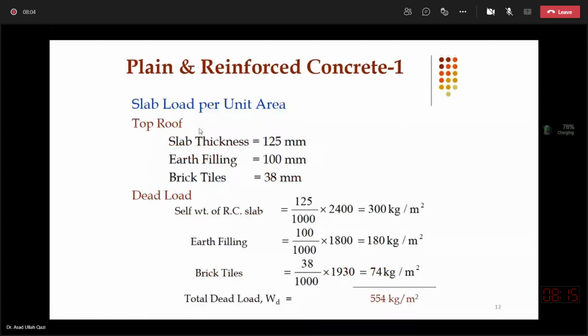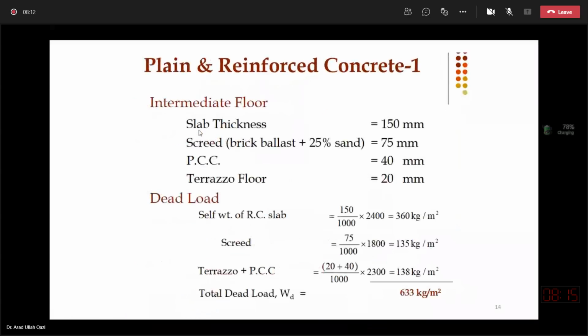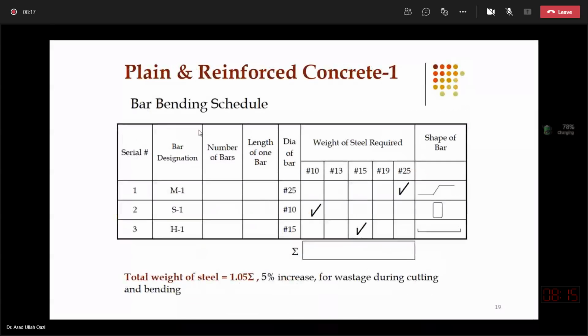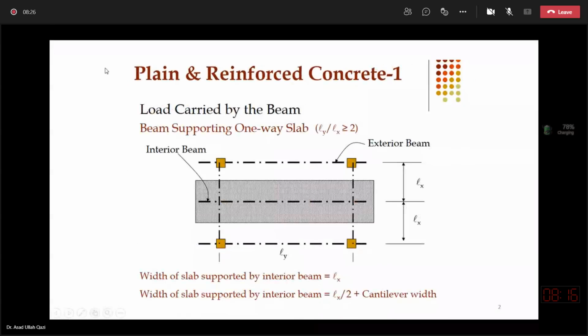Slide number 11 I discussed in detail in that recorded video, and then onward I want to discuss these slides in today's lecture. So I want to give you what was the outcome of this discussion.